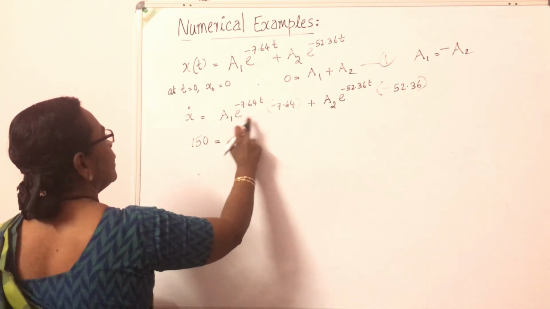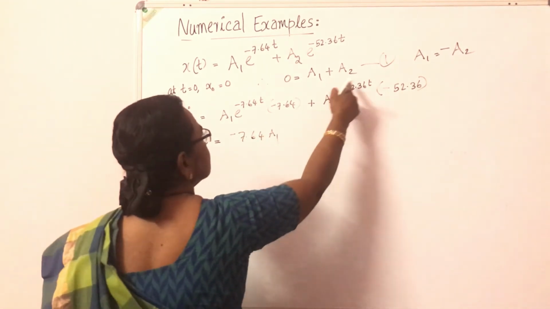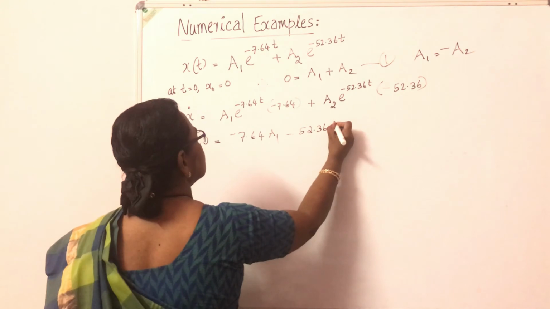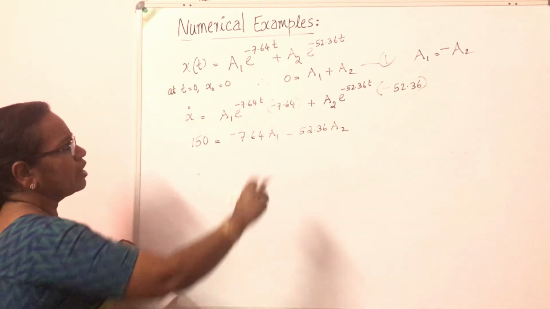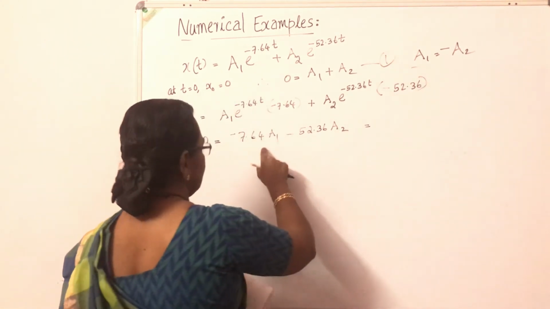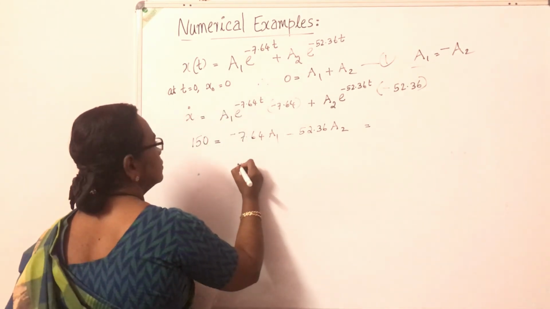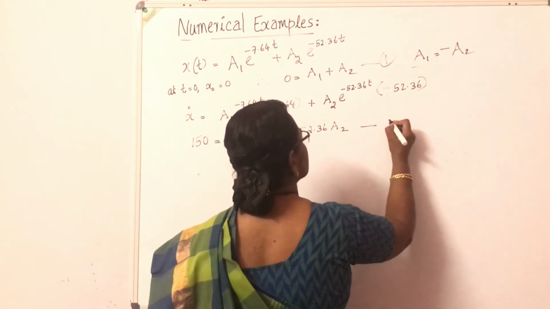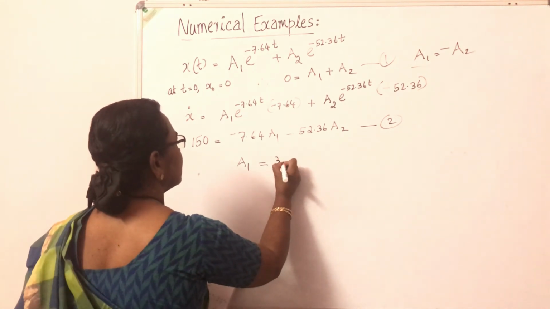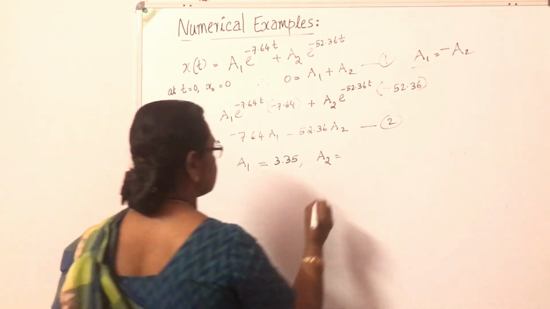This will become 1 into minus 7.64 a1 plus 1 into minus 52.36 a2. And we have a1 equal to minus a2. Substituting here, we'll get 150. This is the second equation. Solving this, we'll get a1 is equal to 3.35 and a2 is equal to minus 3.35.